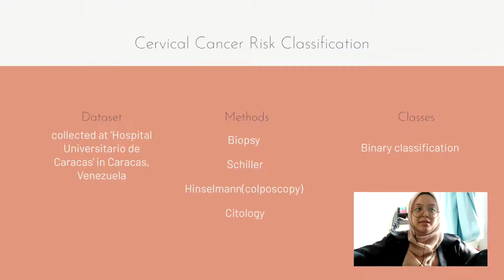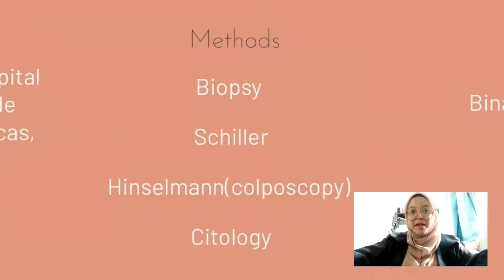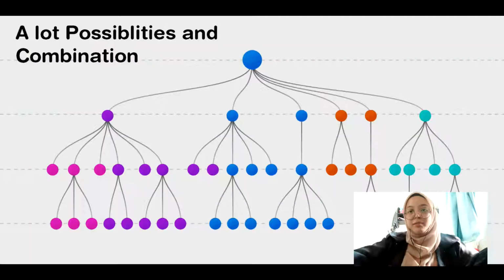I've been digging into this dataset and have read several other analyses, in which several tests used to diagnose cancer have been identified: biopsy, cellular enlargement, which is called colposcopy, and cytology. For example, if the biopsy is positive and the other results are negative, most probably she does not have cancer.